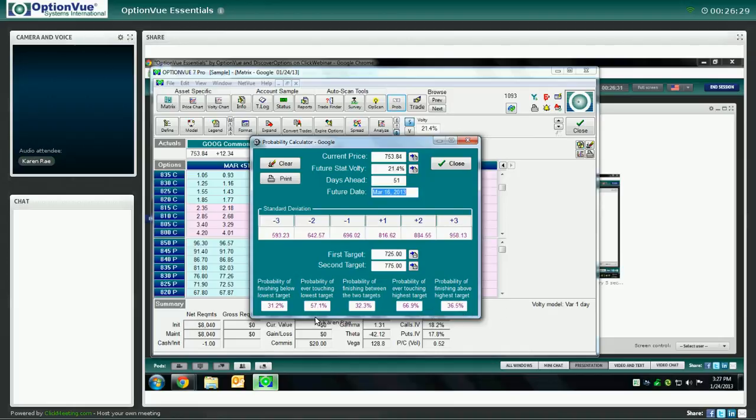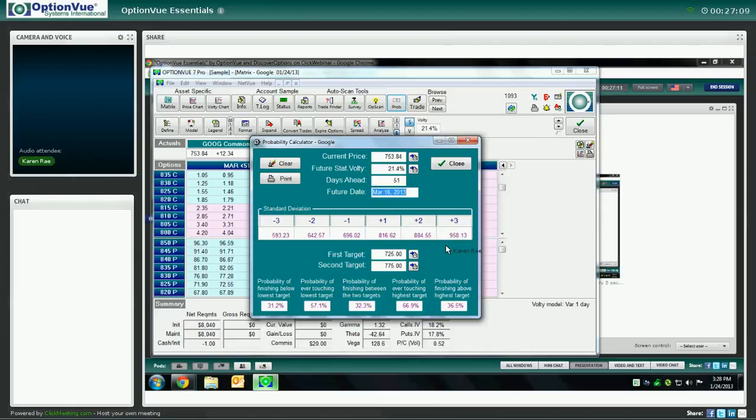So these numbers are very important, I think, to keep in mind and pay attention to, and I really like using the probability calculator. I think it gives you more confidence to know if your projection for the stock is going to be accurate or not. If you're way out there and you're saying, oh yeah, I think this stock's going to go to 900 by March 16th, well, you're probably looking at less than a 1% chance that it's going to go to 900 by March 16th, unless something totally unexpected happens, which it could.